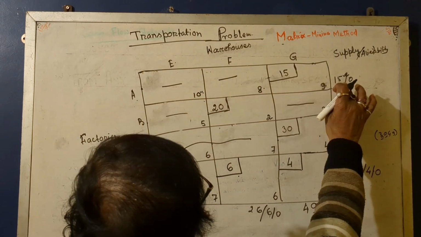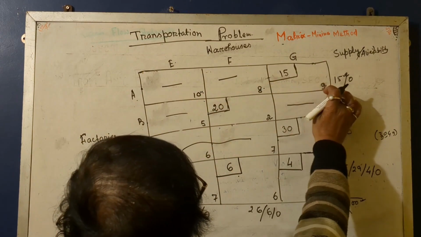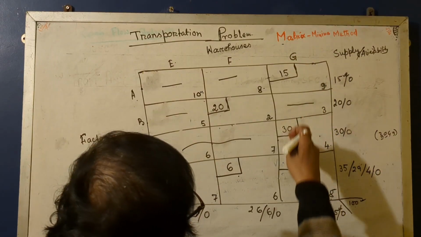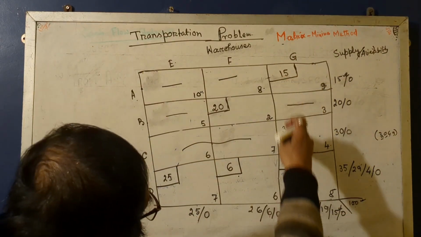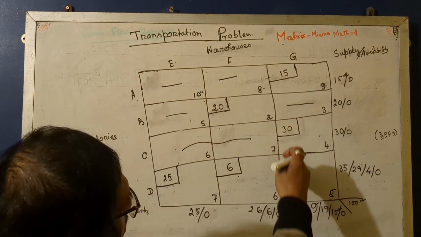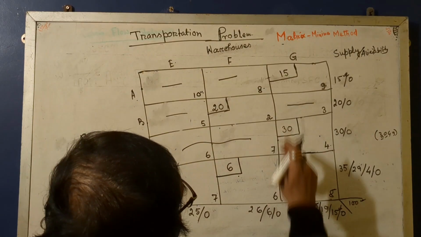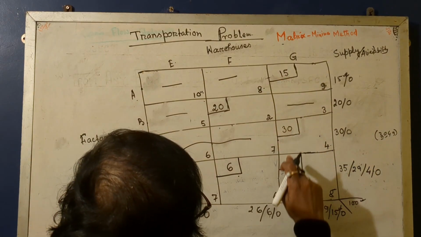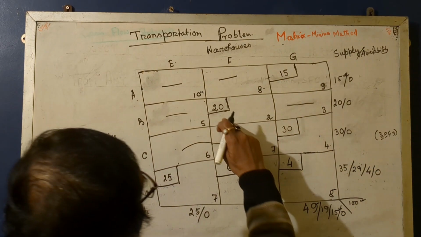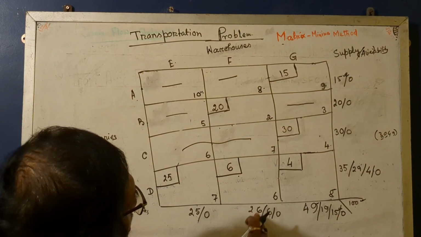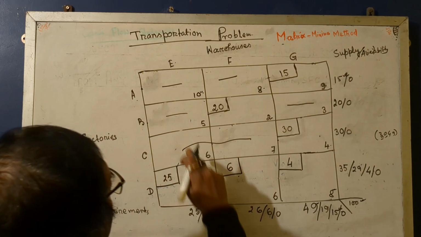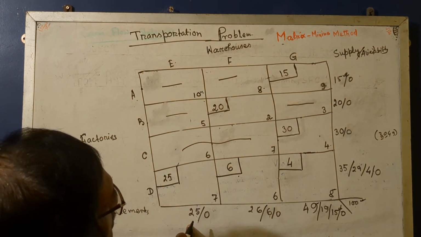Row wise you can check 15 units. If you check vertically, the total shifted units will be equal to the requirements. 15 plus 30 plus 4 is 49. 20 plus 6 is 26, which is the requirement, and 25 is the requirement.